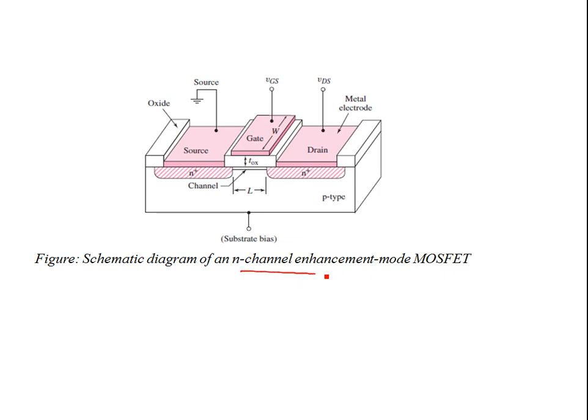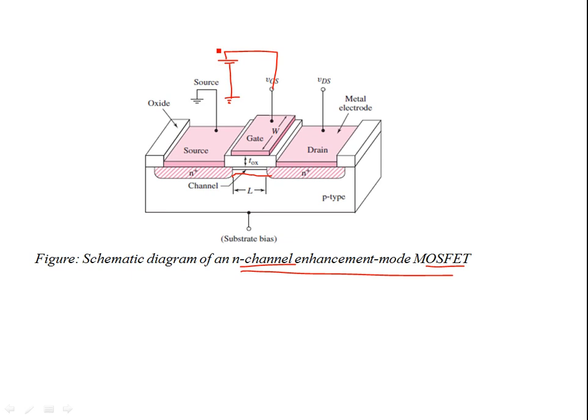this is an N-channel enhancement mode MOSFET, which means that you want to apply a certain gate to source supply so that you can create an inversion layer over here. So the conduction starts. Again, this is an N-channel enhancement mode MOSFET, so the majority carriers are the electrons.